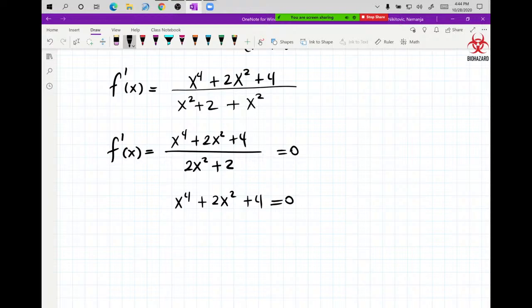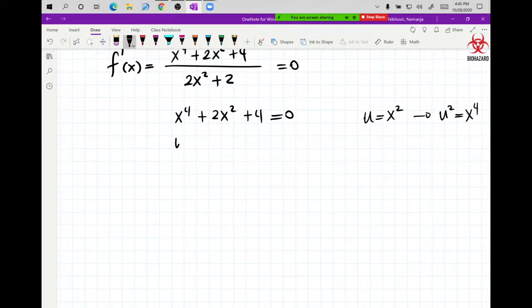Everything else works nicely. So over here we can jump into the substitution method, right? We can say u equals x squared, which would tell us that u squared is x to the 4th, and that would reduce the problem into a basic quadratic problem, where you can use the quadratic formula.